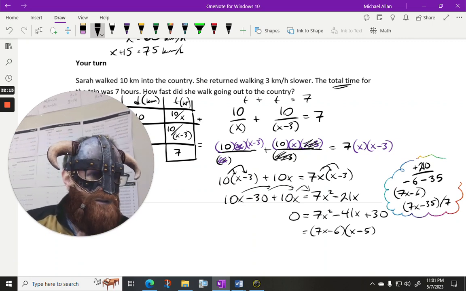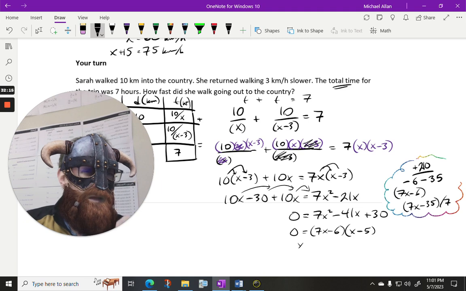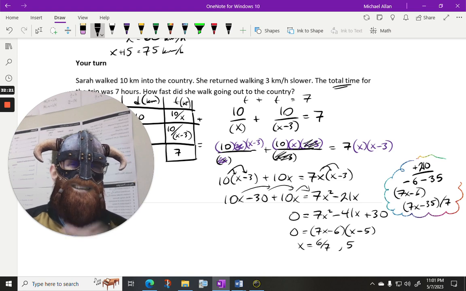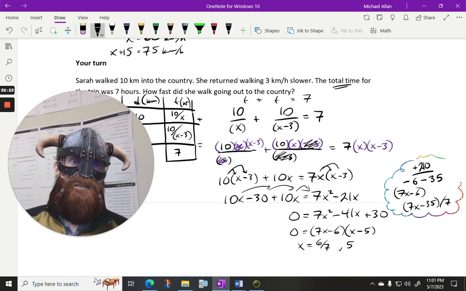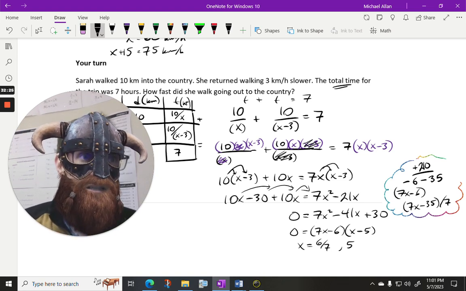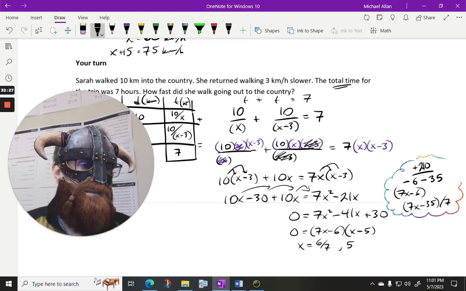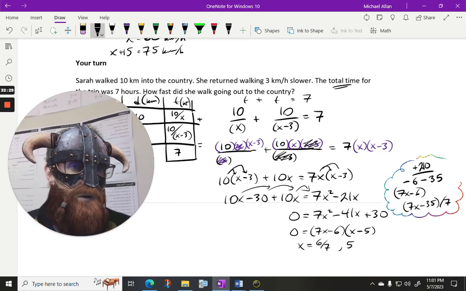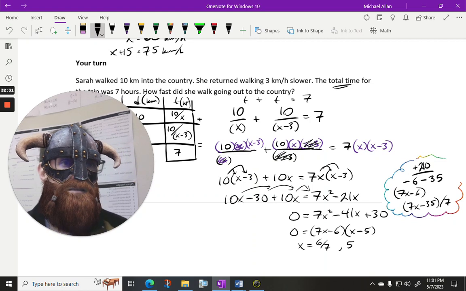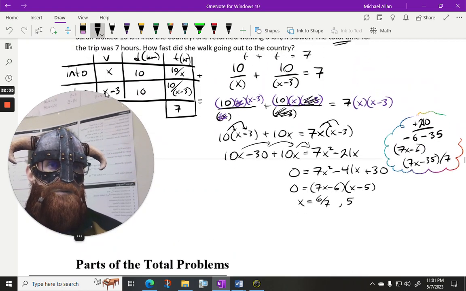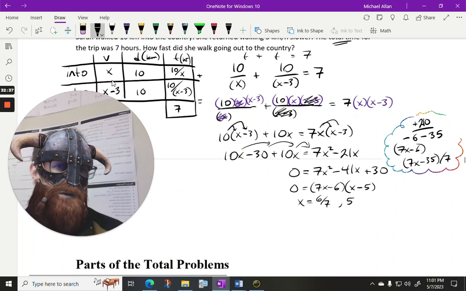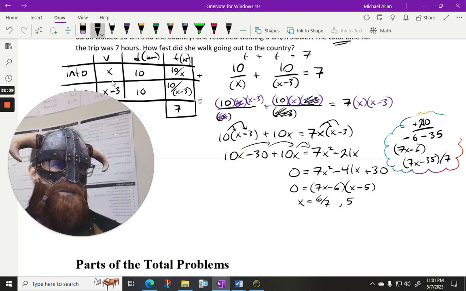But remember, when we talk about real-world questions, we always have to be cautious of just writing down blindly what the answers are. Sometimes if we get a negative number, it doesn't make any sense for speeds and stuff, or distances. In this case, if I were to try to find the return speed, how fast they return back, because going in, they're both positive speeds, that makes sense.